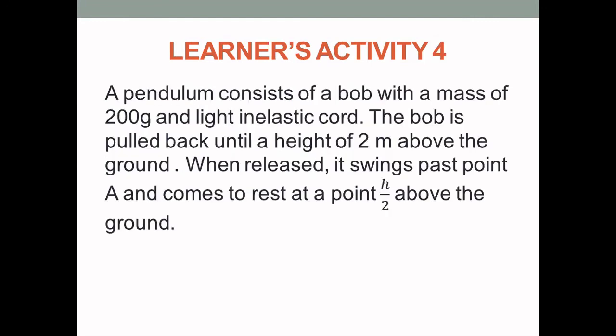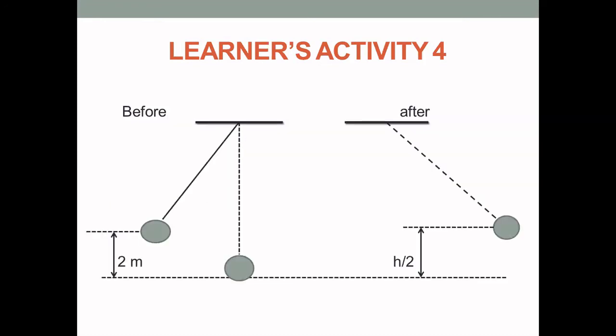Then activity number 4. The pendulum consists of a bob with a mass of 200 grams and a light inelastic cord. The bob is pulled back to a height of 2 meters above the ground. When released, it swings past point A and comes to rest at a point h/2 above the ground. You can see the diagram there.